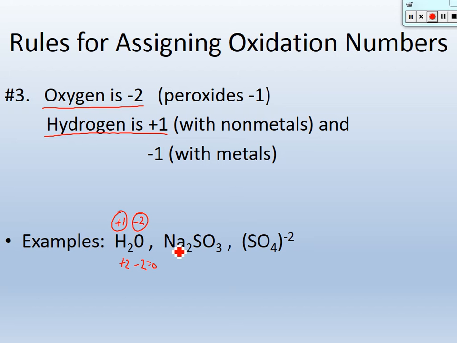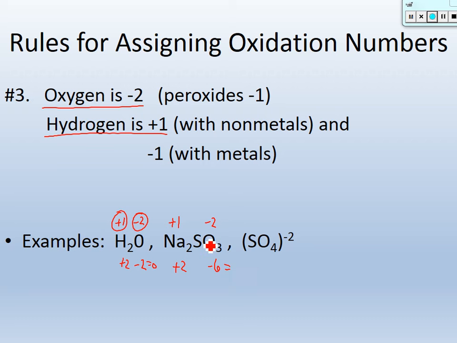Now what if you have something like this? We've got 3 elements here. Well, if you see oxygen, always just put a -2 above it. We've got 3 of them though, so that's a -6. I can't tell what sulfur is right now, but I do know that sodium is a group 1 metal. Group 1 is +1, but I've got 2 of them, so that's +2.